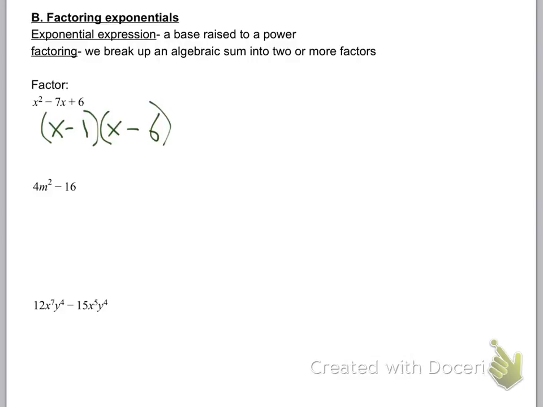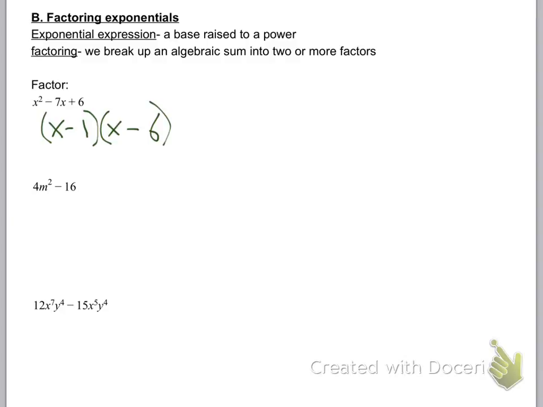Does that make sense? I could also go back and say, hey, find me the zeros, and that would be setting each one of those equal to 0. X would equal 1, and x would equal 6.